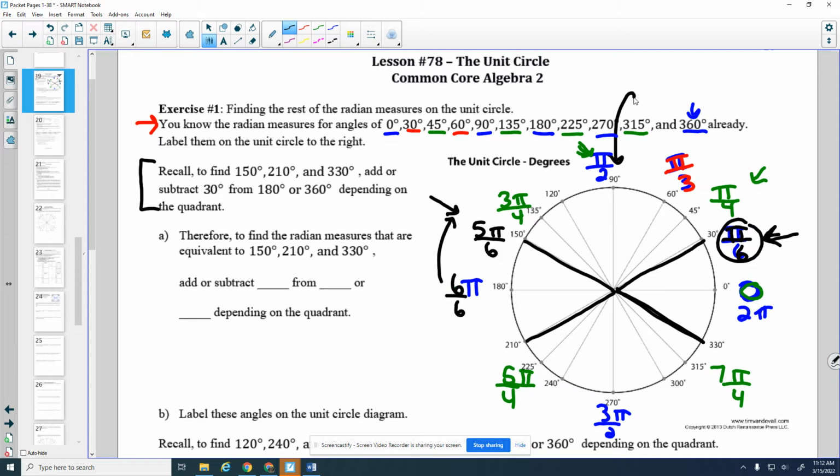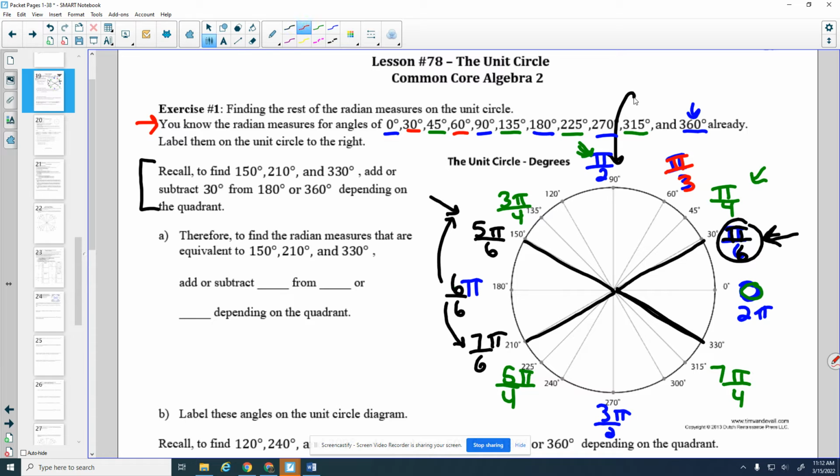So just like we do 180 minus 30 to get 150, we do 6/6 pi, 1 pi, minus 1/6 pi, and get 5/6 pi. Using similar reasoning, if I add in this direction, 6/6 pi plus 1/6 pi is 7/6 pi.